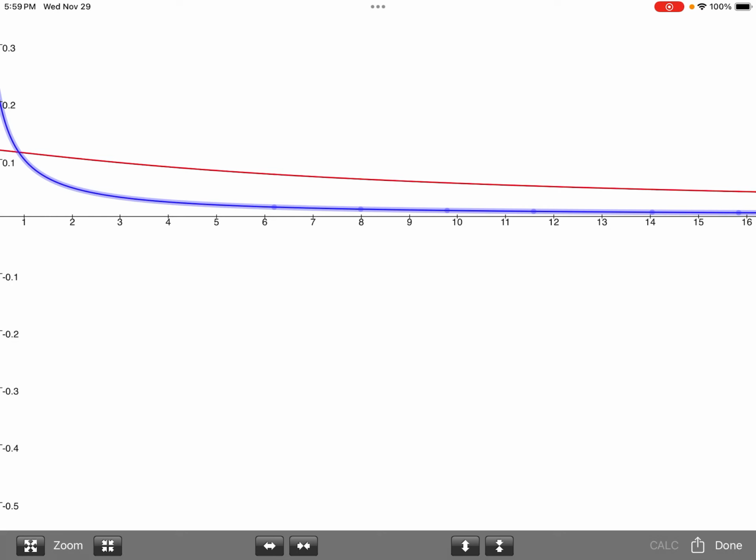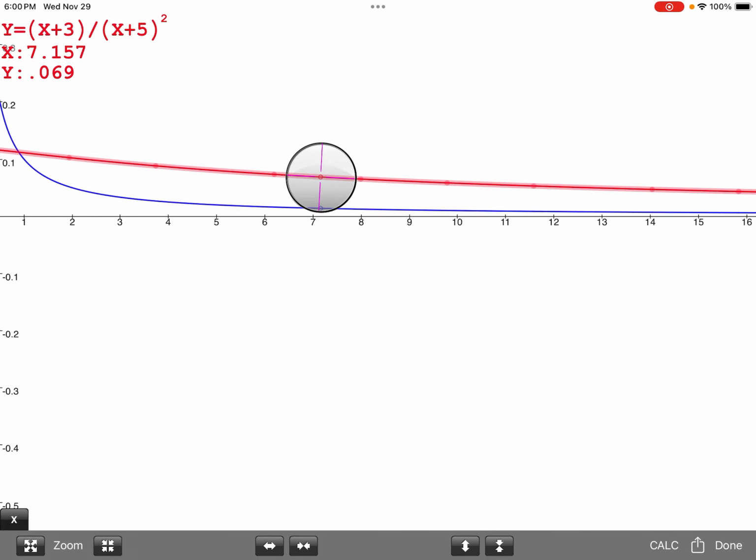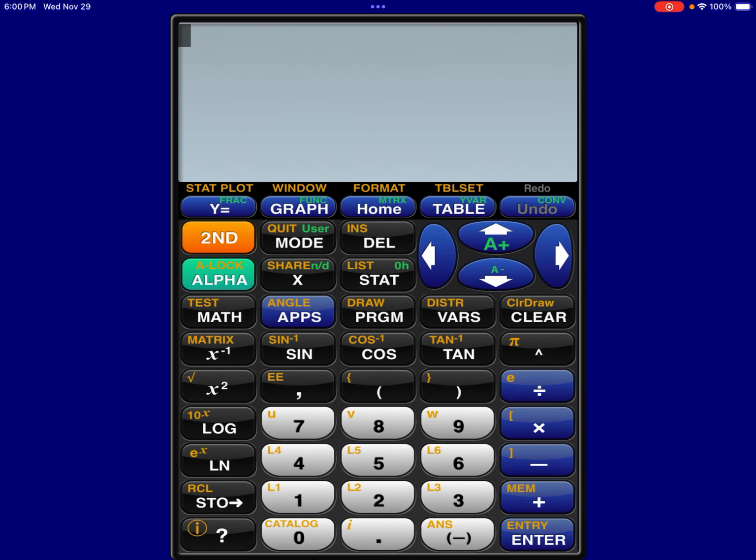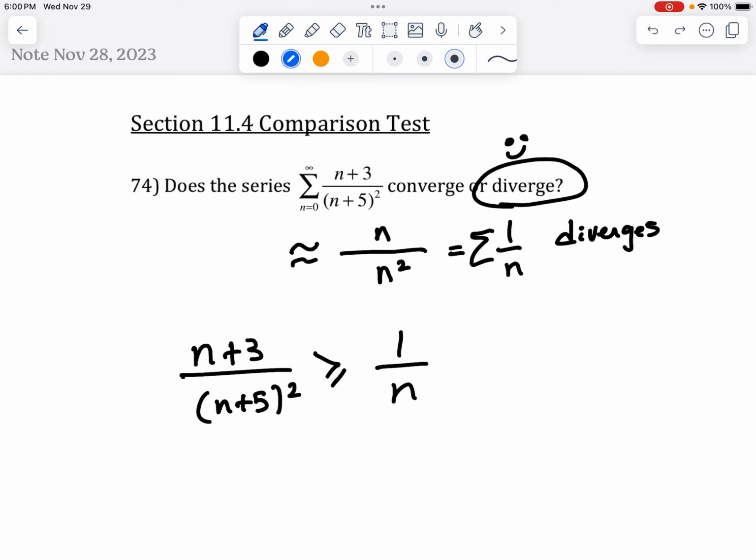So if you look back at the graph, now you could see our red one is bigger than this new blue one, the 0.1 over x. So since it's 0.1 over x, that means that that series would actually add up to 0.1 times infinity, and that is still infinity. So even if I change this to a 0.1, that series will diverge, will add up to infinity.